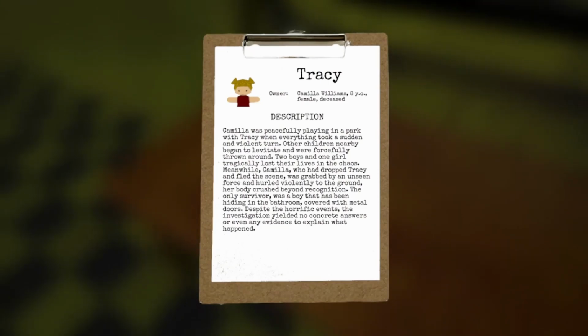Tracy. Camilla was peaceful playing in the park with Tracy when everything took a sudden and violent turn. Other nearby children began to levitate and were forcefully thrown around. 2 boys and 1 girl tragically lost their lives in the chaos.